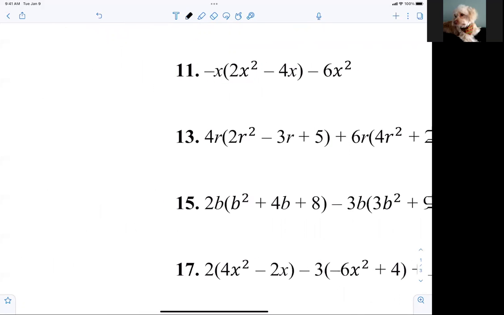All right, Brennan, go. Y minus, plus what? Minus. 4x plus minus 5. Good.